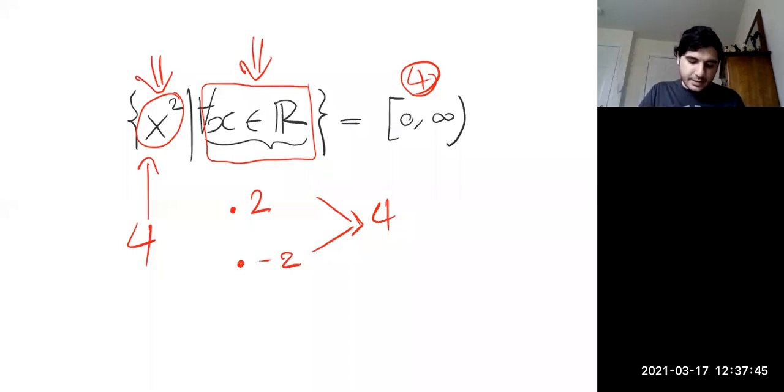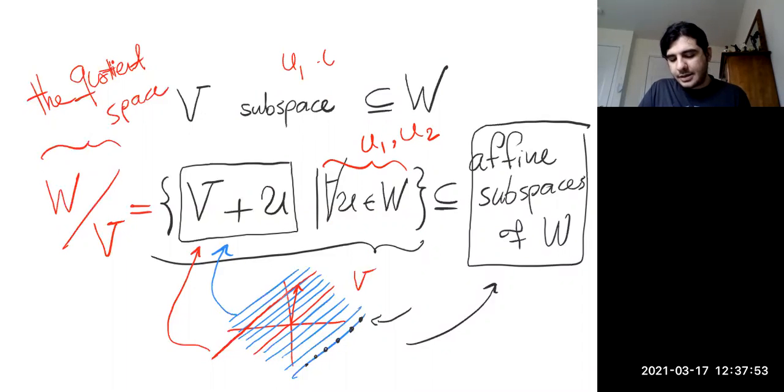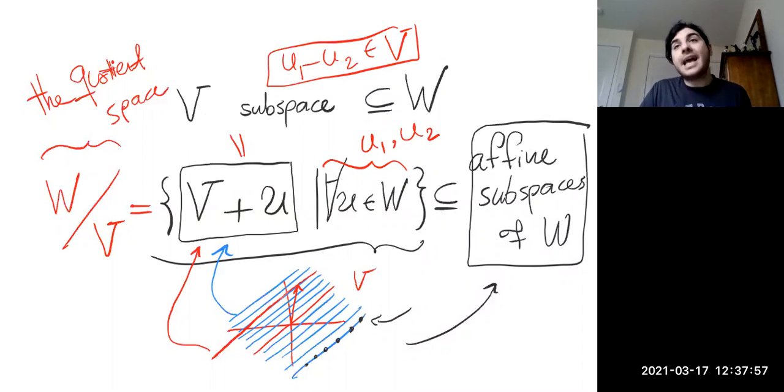Now, same thing happens here. Here, I might have 2 different elements in W, but as I said, if their difference is inside V, they correspond to the same element there. Just like the case of X squared for 2 and -2, there are different things, their image would be one thing. That also holds here.